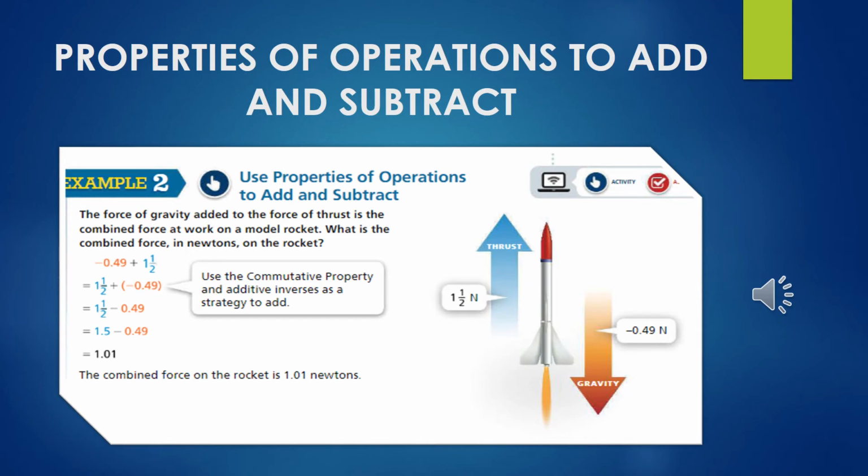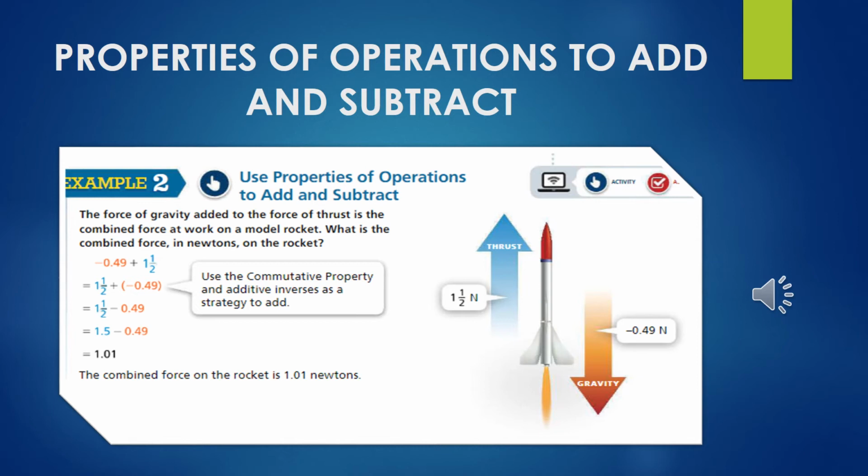This is going to be a subtraction because you have a positive number and a negative number. So you only need to solve this subtraction of 1 1/2 minus 0.49 newtons.